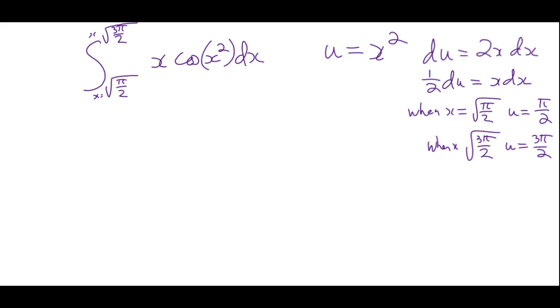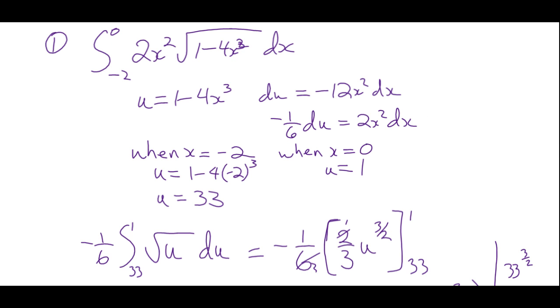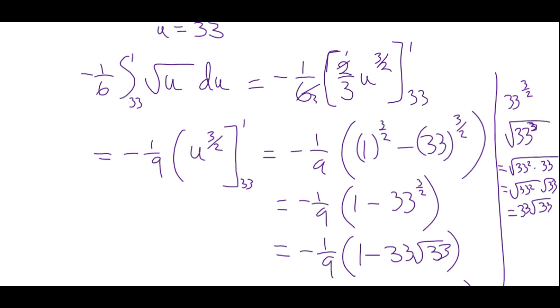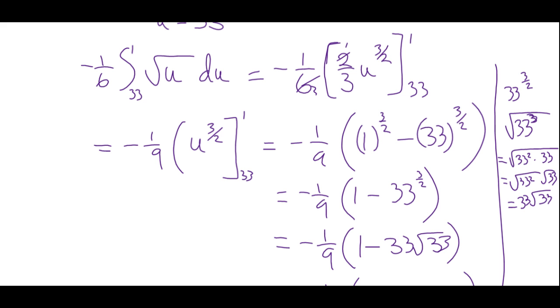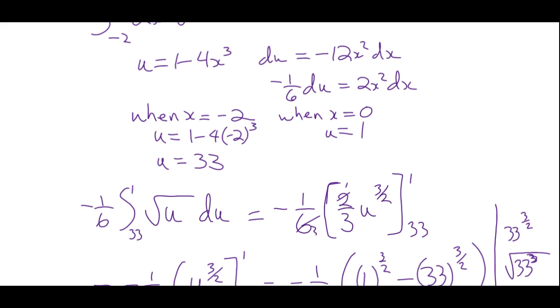So we always have to adjust, right? I mean, you have a choice. The choice is in here. That wasn't a definite one. Oh yeah, this was a definite one. So in here, when you got to this point, you could have substituted back for the u. You could have put in the 1 minus 4x cubed, right, down here.